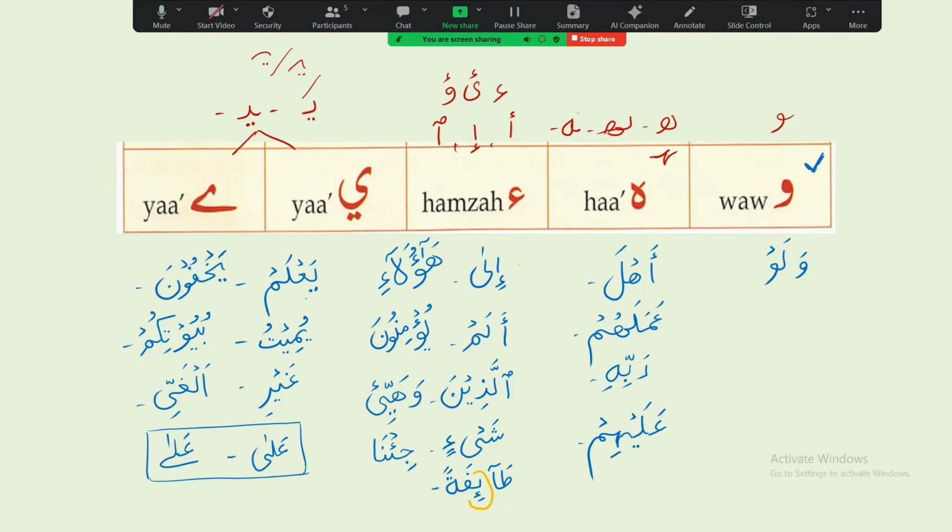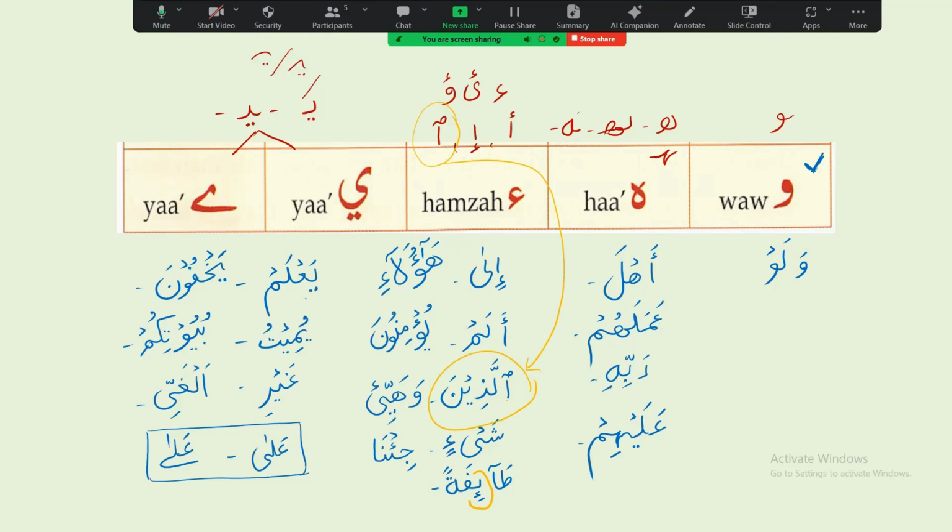Okay, so let's see, when Hamza comes at the start, it will be like this. For example, ila, ila. Here Hamza is at the start. Or this is also an example of how Hamza can come at the start: alam, alam. Here is a very common word, alladhina.